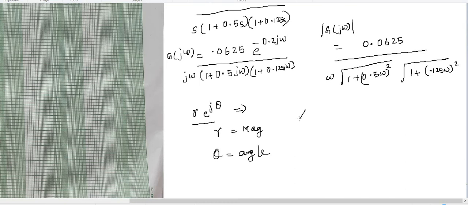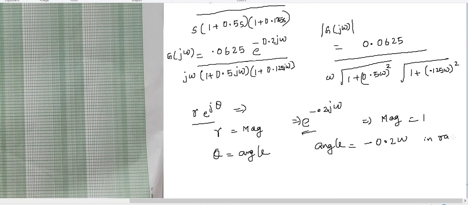And the angle of G(j omega). Before writing it, what is the angle of e^(-0.2 j omega)? The magnitude of this part is actually 1, because the coefficient of this term is 1. So magnitude is 1 and the angle is minus 0.2 omega in radians.